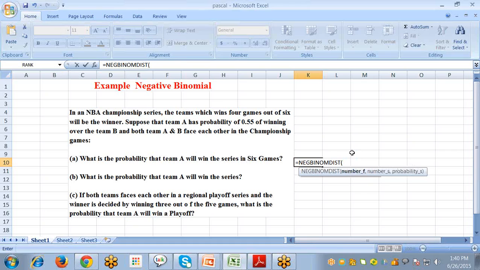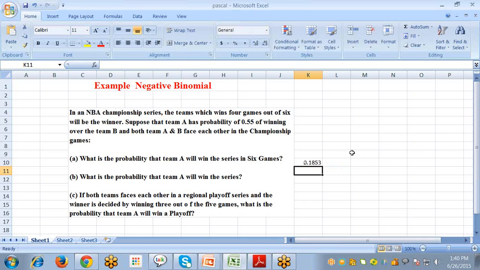In a total of 6 games, 4 will be won, so the failures will be 6 minus 4, which is 2. The second argument is number S, the number of successes, so 4 games, and the probability is 0.55. Then close the bracket and press enter. This will be the value for the first question.